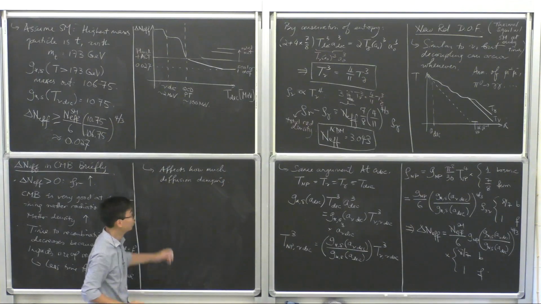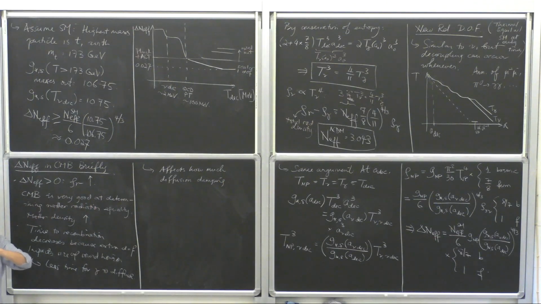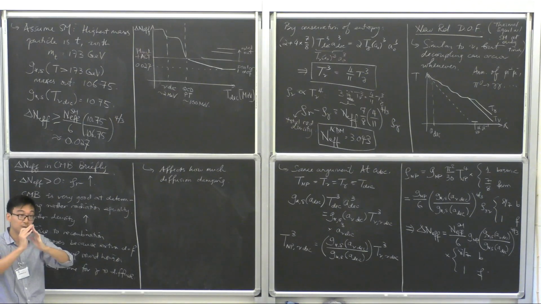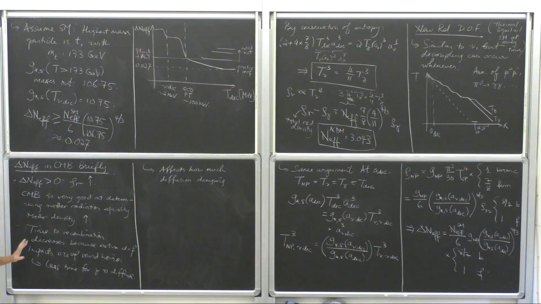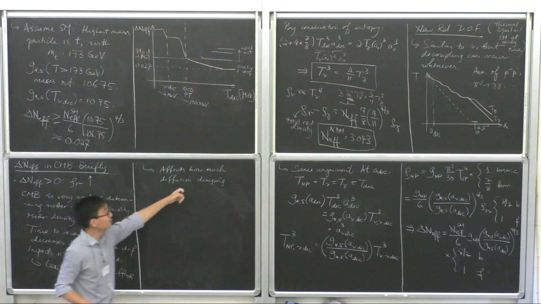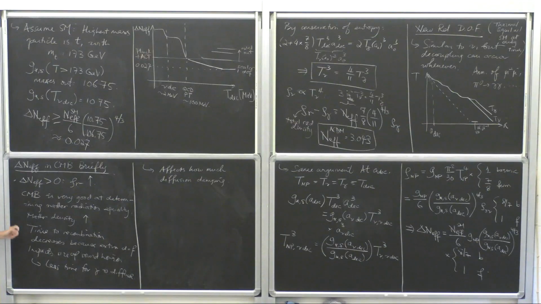Okay? And so diffusion damping is this idea that if you allow diffusion to occur over a long time, all of the small scale structure that you had initially gets erased. Okay? And so it's some combination of all of these things. It's not just this that's important, but also the fact that the matter density has to go up, and that you need to compensate for the change in the sound horizon.